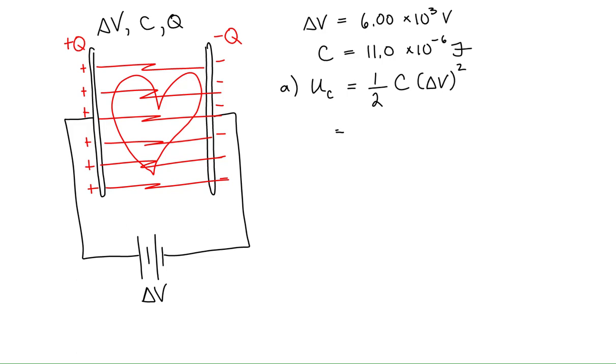So this is pretty simple. All we have to do is plug in the values. So we have 1/2 times 11.0 microfarads, multiplied by 6.00 kilovolts squared.